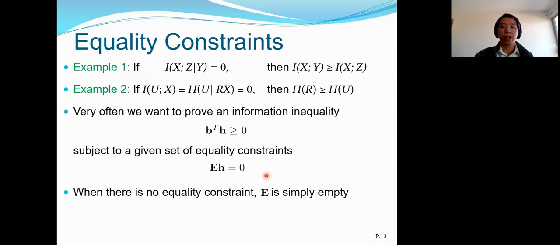So we will use a similar idea to convert all these equality constraints into joint entropies and put them into a matrix E. For example, in the first example, we have 1 equality constraint, so the matrix E has only 1 row. For the second one, we have 2 equality constraints, so the matrix E will have 2 rows altogether. In some problems, we don't have any equality constraint, and then we can simply use E as an empty matrix, or we can simply drop it in the calculation.